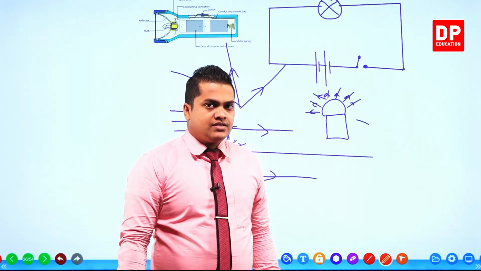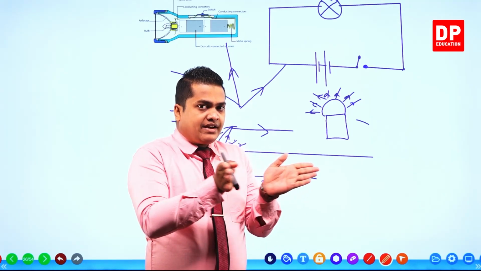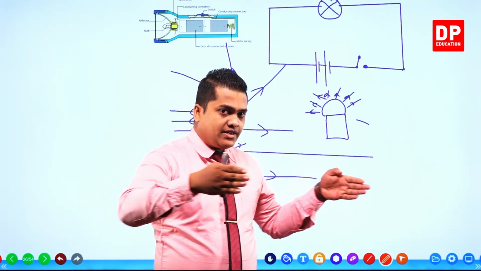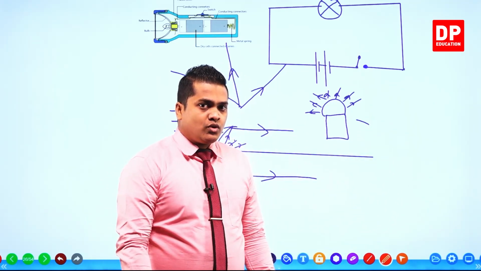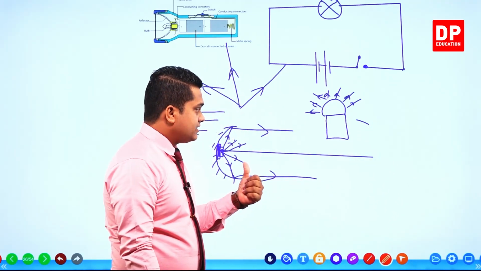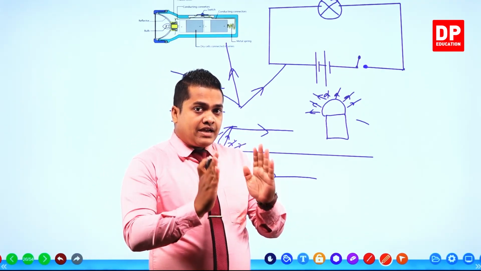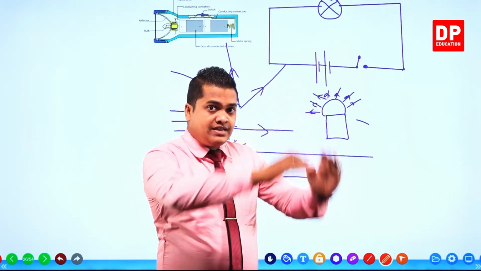But what happens if you can direct those spreading light rays in one certain direction like this, a parallel beam? That way, the light would travel to a longer distance.